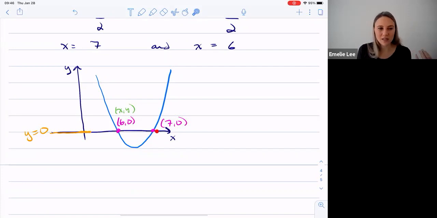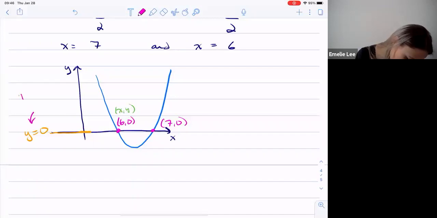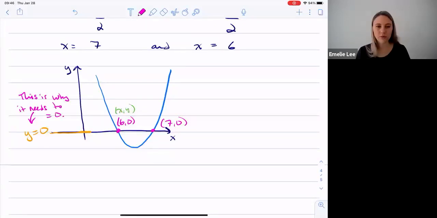The x-axis is y equals 0, right? And so this is why it's important. This is why it needs to equal 0, right? Because that's what we're forcing.